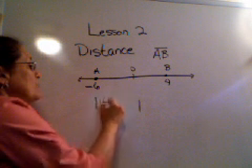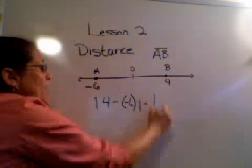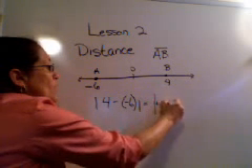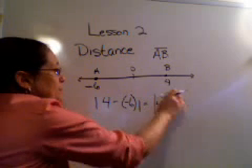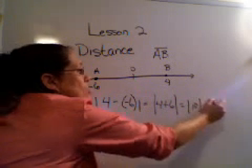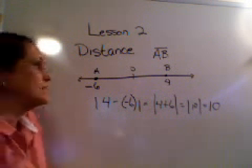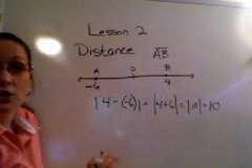In this case, it would be the absolute value of 4 minus a negative 6, which equals the absolute value of 4 plus 6, which is the absolute value of 10, which is 10. The distance between those 2 points is 10 units. I'm going to show you that it works the other way as well.